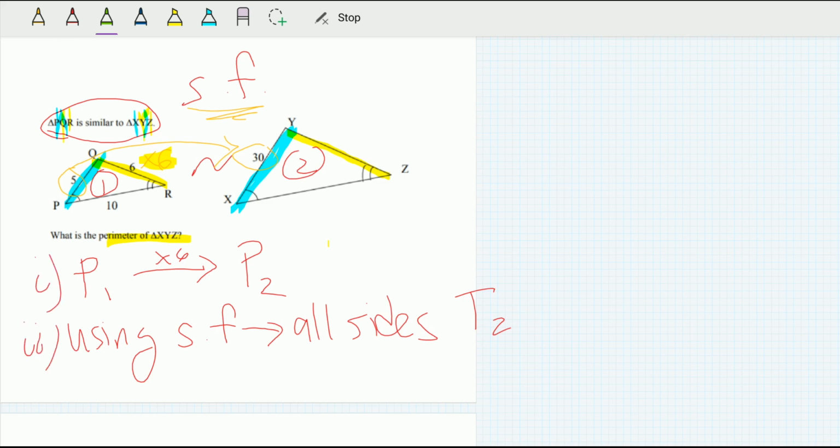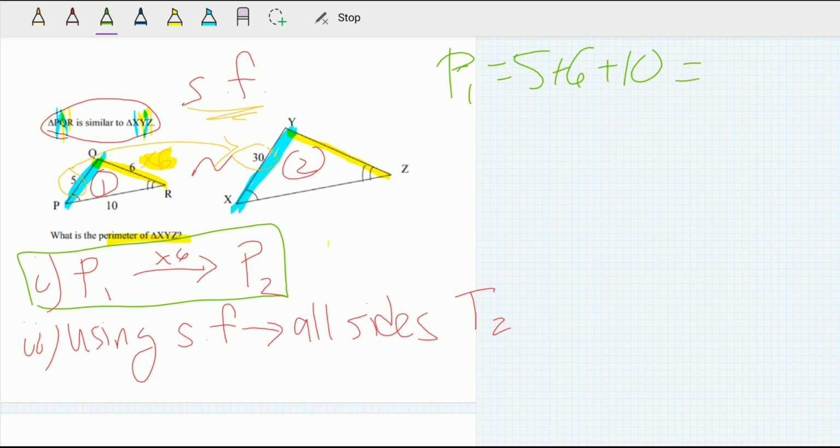Okay, so doing this way first, perimeter of the first triangle, I can really easily figure that out. So the perimeter of the first triangle is going to be equal to 5 plus 6 plus 10, because it's basically just adding all the sides. 5 and 6 is 11, so we end up getting 21. I know that the rule states that if I know the scale factor, I can just multiply this perimeter by the same scale factor, and it'll be the perimeter of the second one.